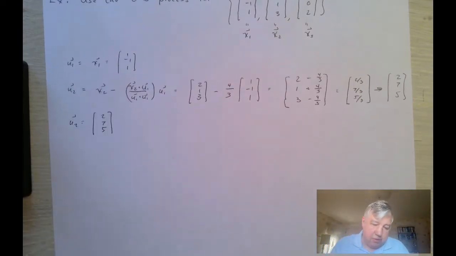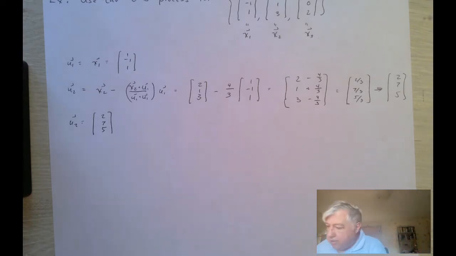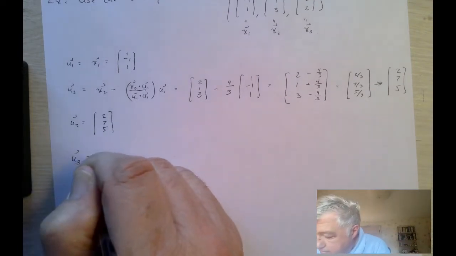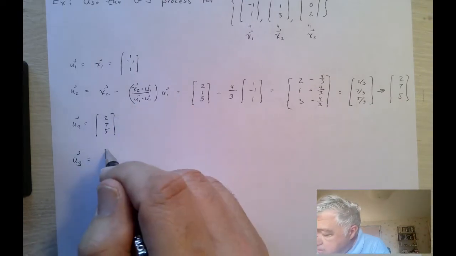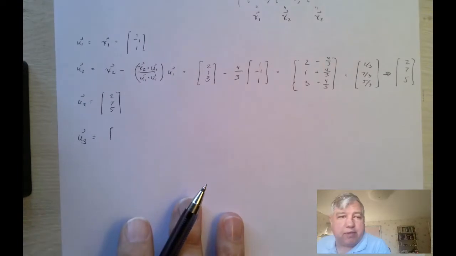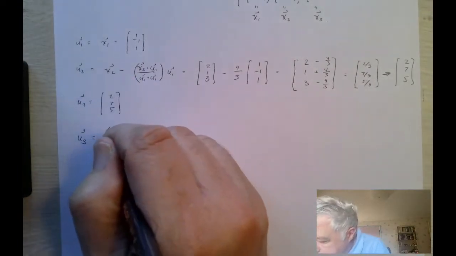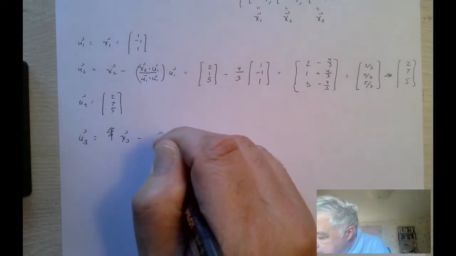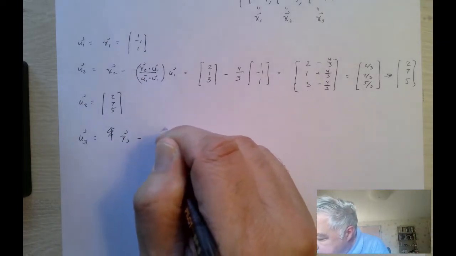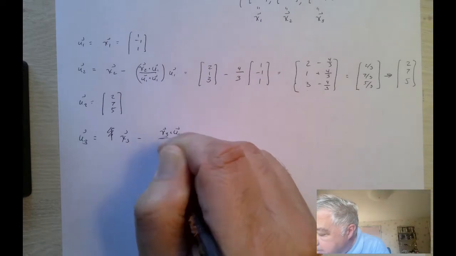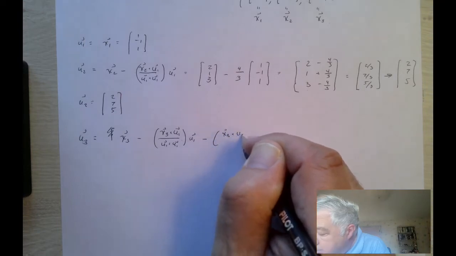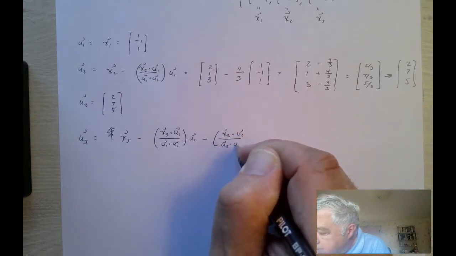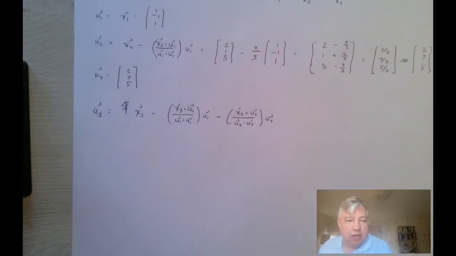All right, now let's find what U3 is. U3 is going to be x3 minus x3 dot u1 over u1 dot u1 times u1 minus x3 dot u2 over u2 dot u2 times u2.